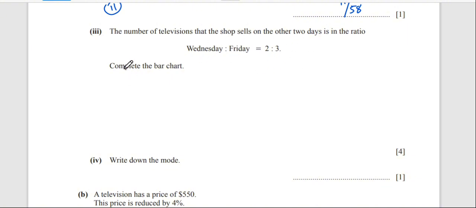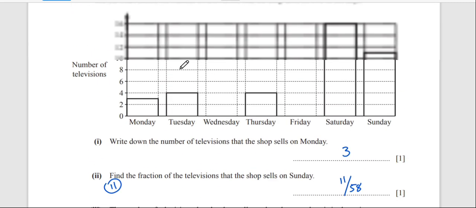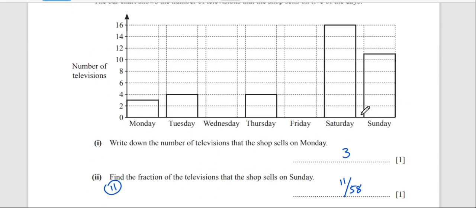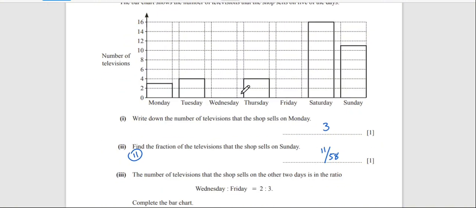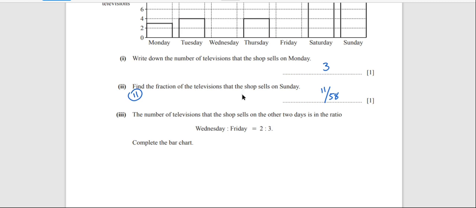So the first thing we need to know is the number of televisions sold all through. Let's reduce this so that we can see. On Monday we have 3, Tuesday we have 4. We don't have Wednesday. Thursday we have 4 also.